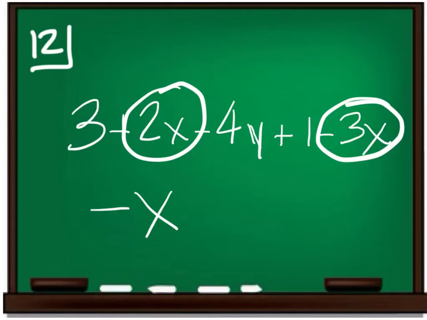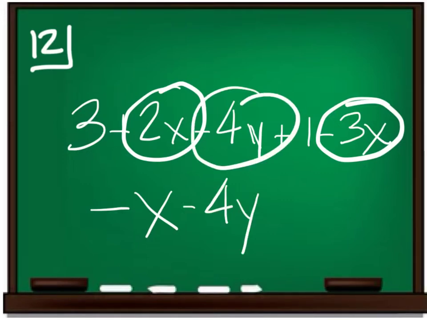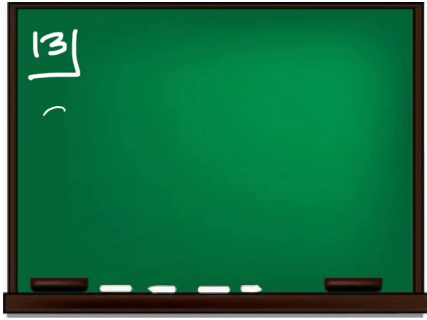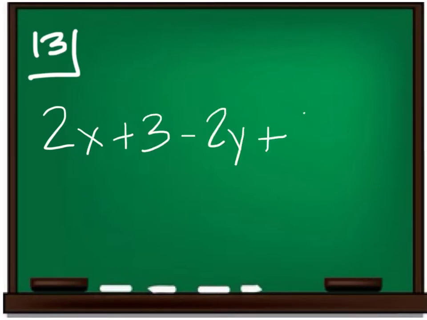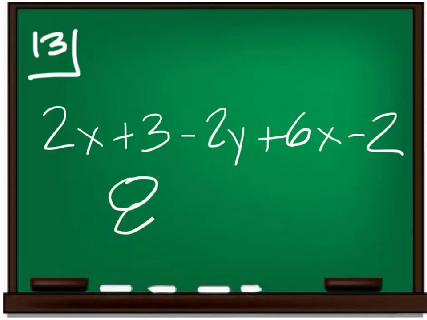Negative x minus 4y. 3 plus 1 is 4. 8x minus 2y minus 1.